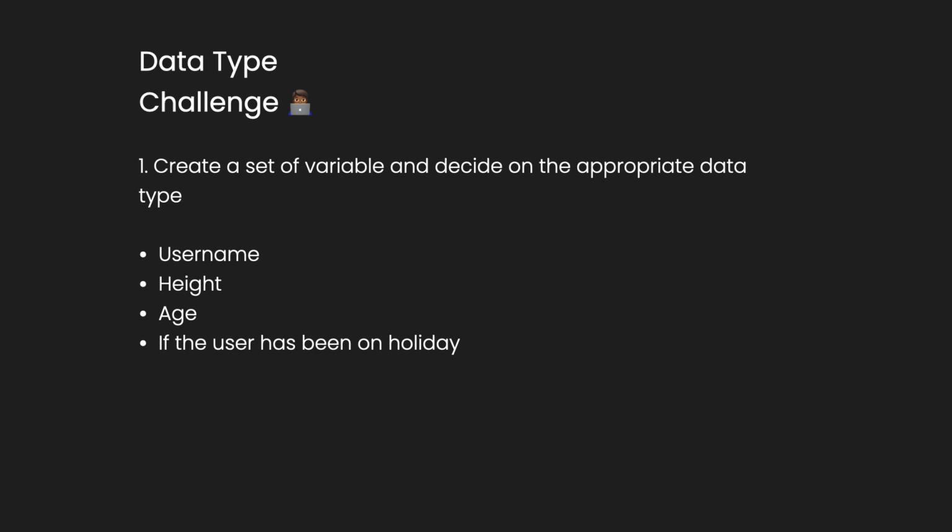So basically, I want you to create a person. Think about whether this set of properties relate to each other. So should it be in a struct? Should it not be in a struct? What are the correct data types for the username, the height, the age, and whether the user's been on holiday? And then we'll discuss this in the next video where we go through the solution.